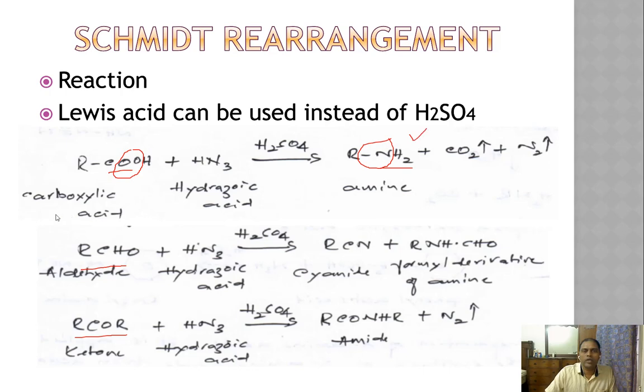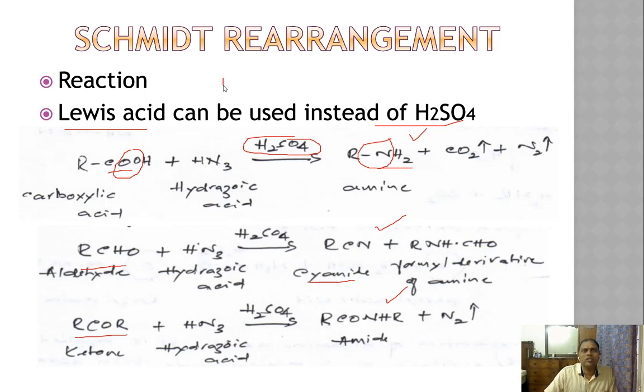In case of carboxylic acid, you're going to get amine. In case of aldehyde, you're going to get cyanide. In case of ketone, you're going to get amide. So that is the reaction, and this reaction requires sulfuric acid. Instead of sulfuric acid, you can even use Lewis acids.